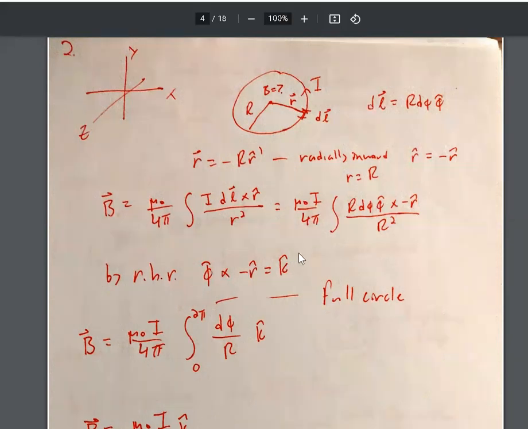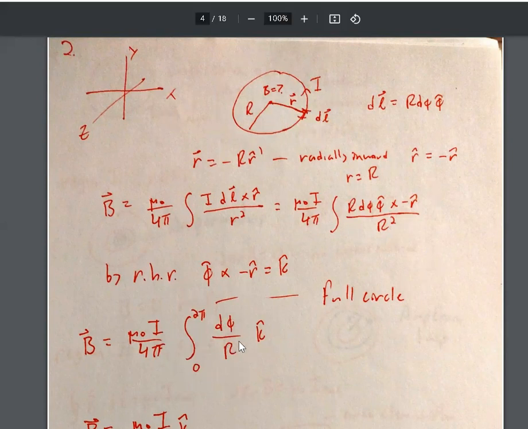So that's in the z hat direction. Once again, this thing is just going to stick with us. Also, one of these R's is going to cancel, and so we're just left with d phi over R. And we need to integrate from 0 to 2 pi because it's a full circle. If it had only been half of a circle, then we'd go from 0 to pi. If it had been a fourth of a circle, we'd go from 0 to pi over 2, etc.